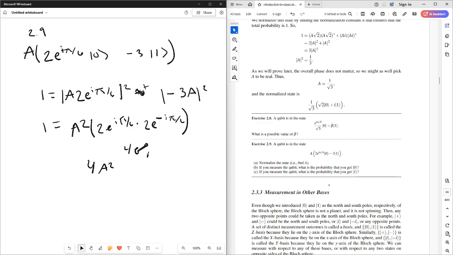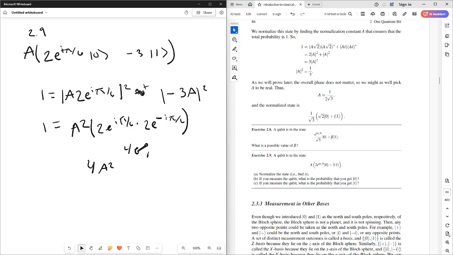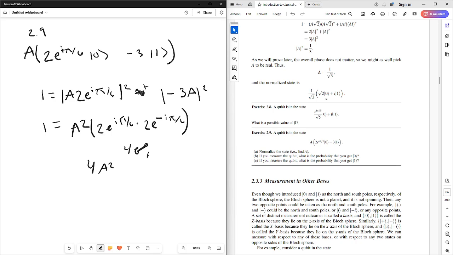Just double check here. Yeah. We got 9A squared. So 1 is equal to 13A squared.